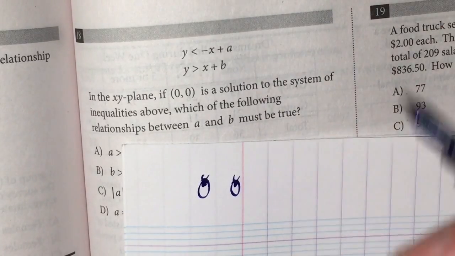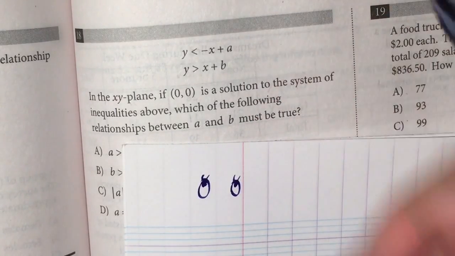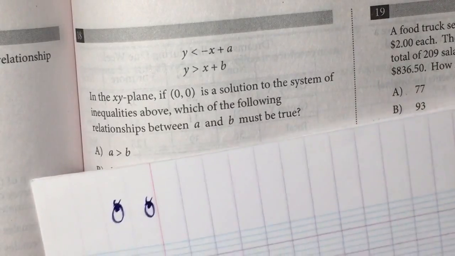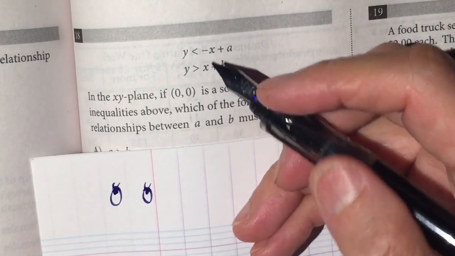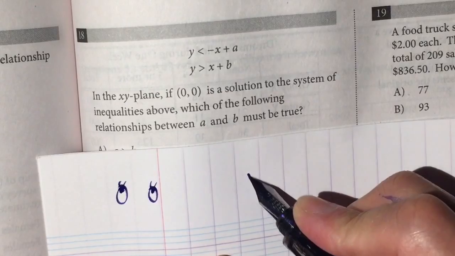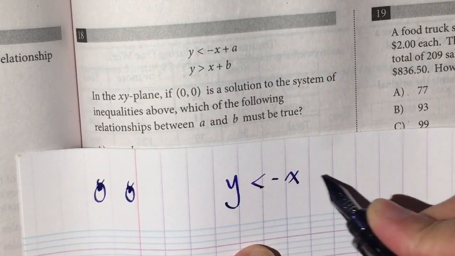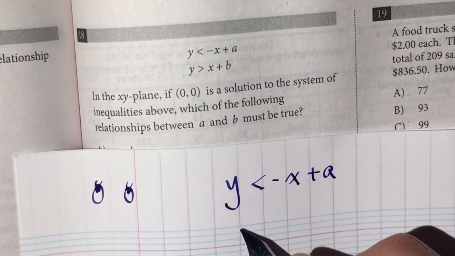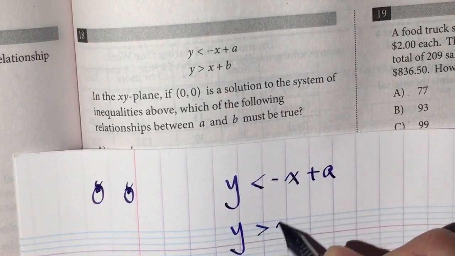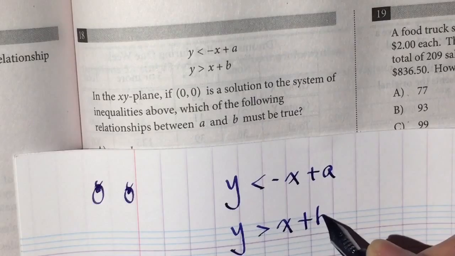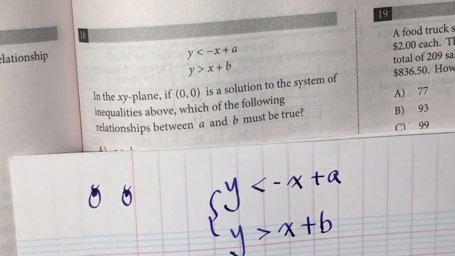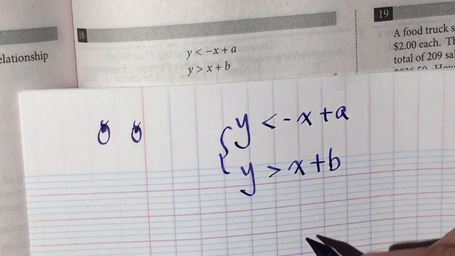Now we have (0, 0), and it is the solution to this inequality, so we plug in this number. So plug in on the above, y smaller than negative x plus a, y bigger than x plus b.